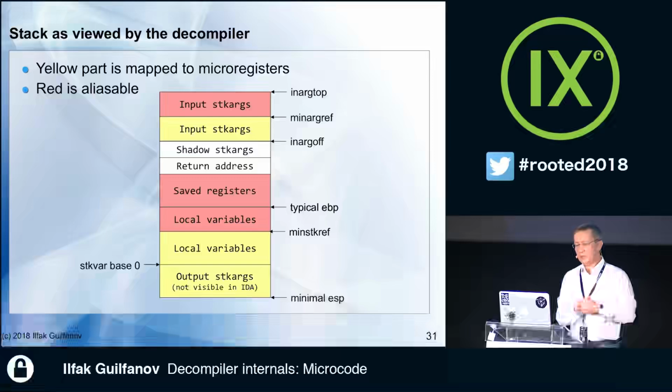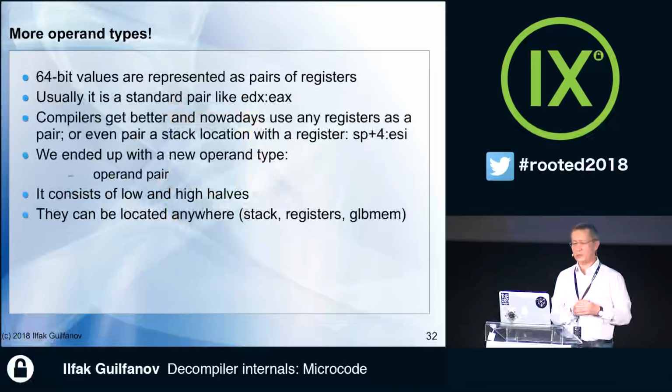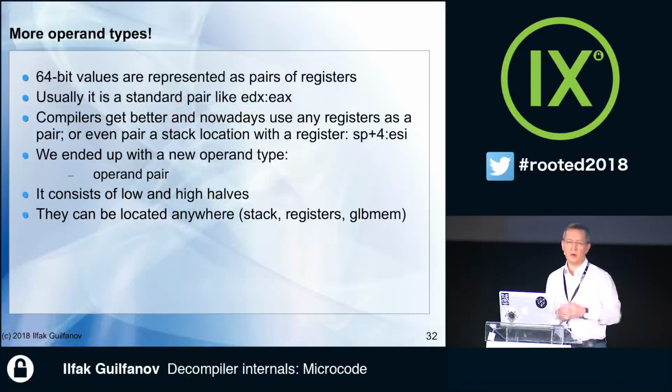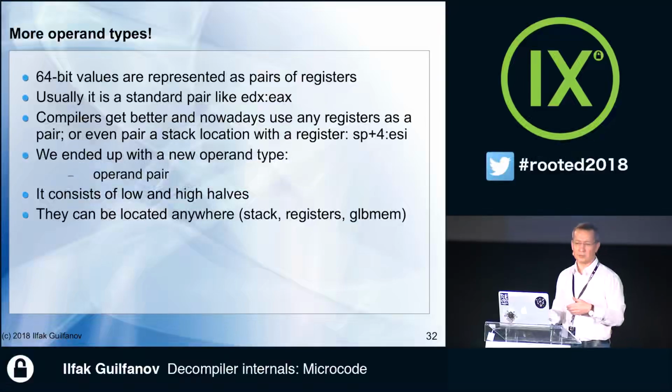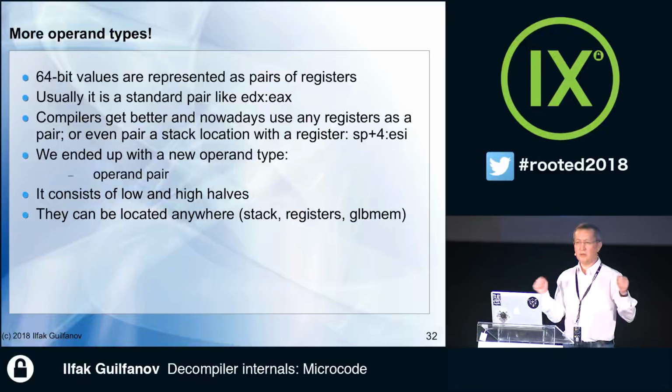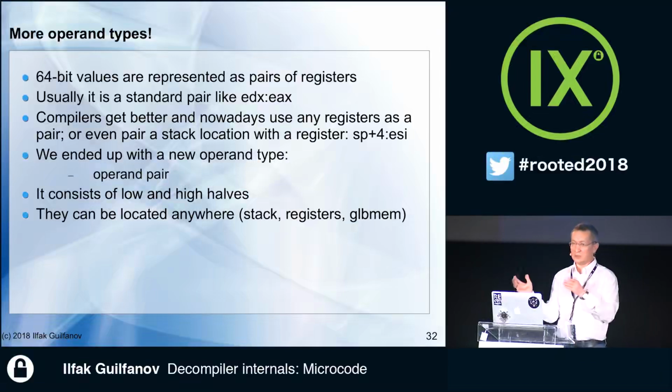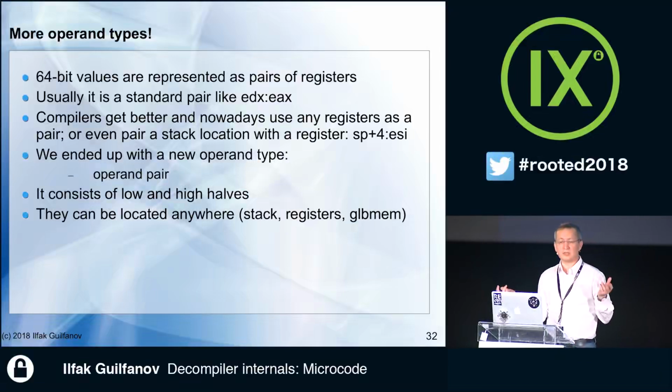The more we improved the decompiler, the more problems we encountered. For example, the 64-bit values in 32-bit programs, or we can say 128-bit values in the 64-bit programs. Since such a big value does not fit into one register, compilers use two registers for them.